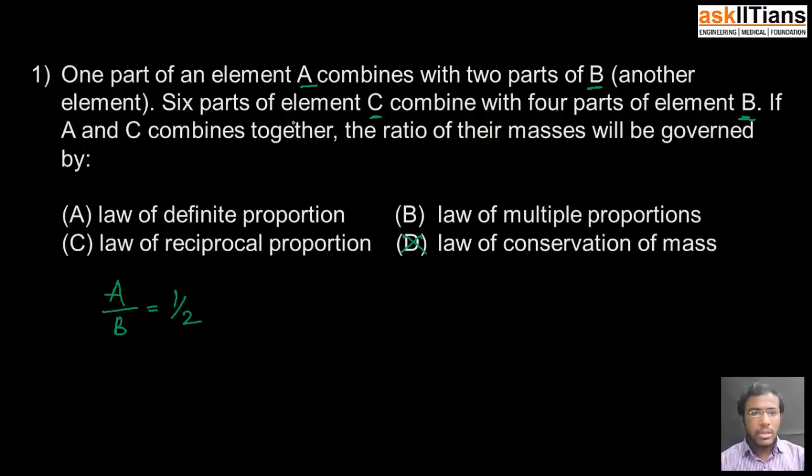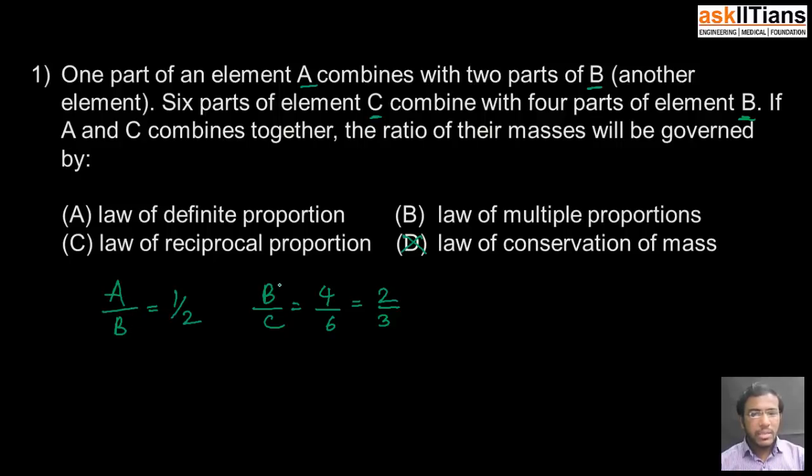And similarly 6 parts of C are combining with 4 parts of element B. So B by C is 4 parts by 6 parts, which is equal to 2 by 3. So if A and C combine together, the ratio of their masses will be governed by what?